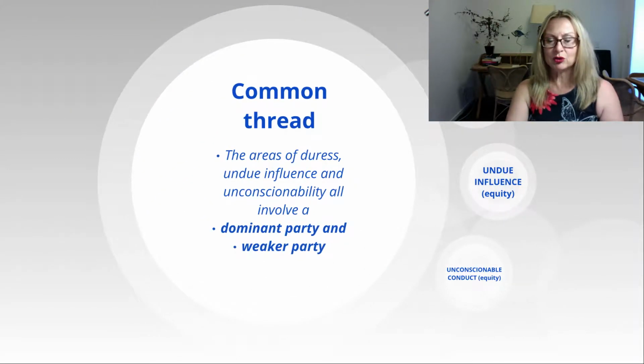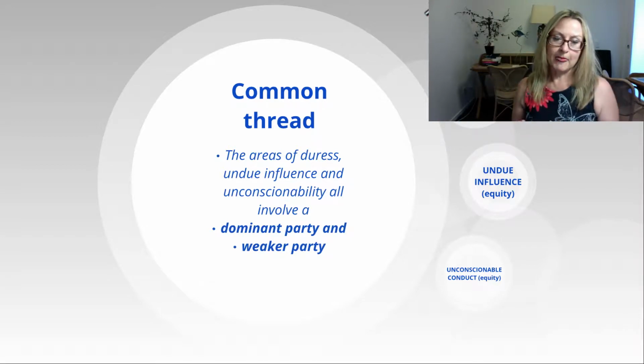The common thread for all of these 3 is that you're going to have a dominant party and a weaker party. So here we are really looking at an imbalance of some description between one party that's normally the recipient of the benefit of a transaction and the other party that's normally the donor or party providing a benefit or a privilege for the other.